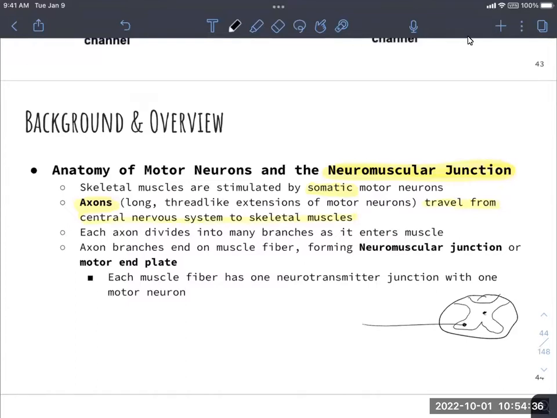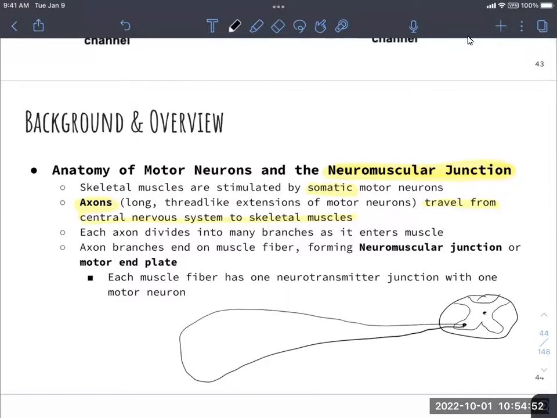They're going to come out. Just a really exaggerated version of that, but this is a nerve that's coming out. Your spinal cord is considered part of your central nervous system.